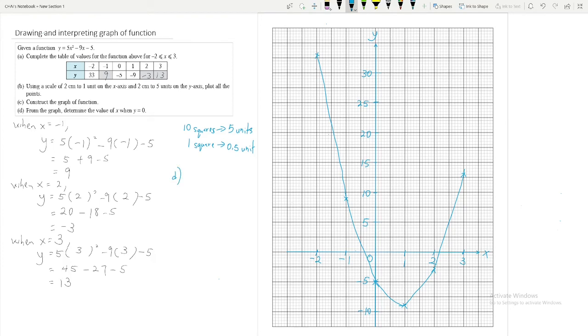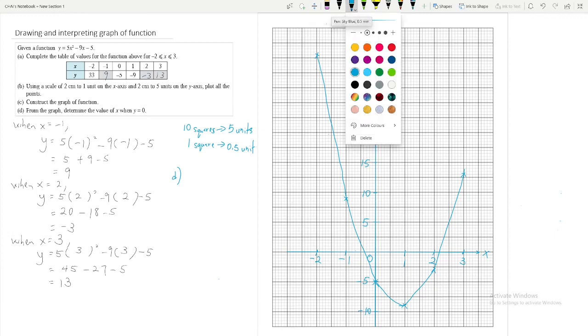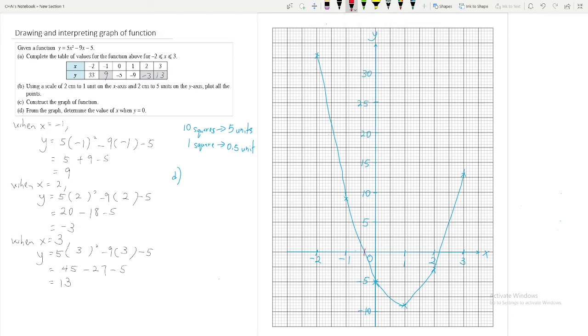From the graph, determine the value of x when y is 0. So when y is 0, meaning that is on the x-axis. So when y is 0, what is x? So x is here, and this point.